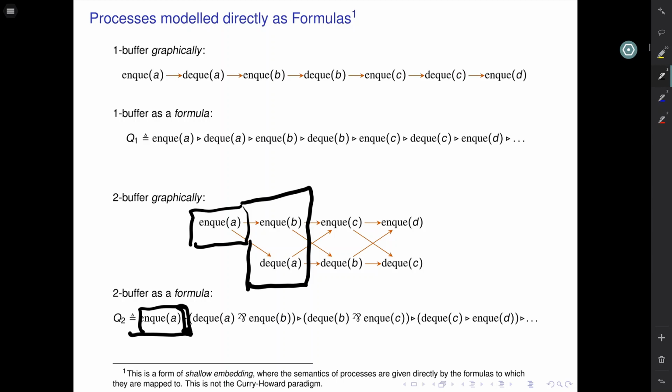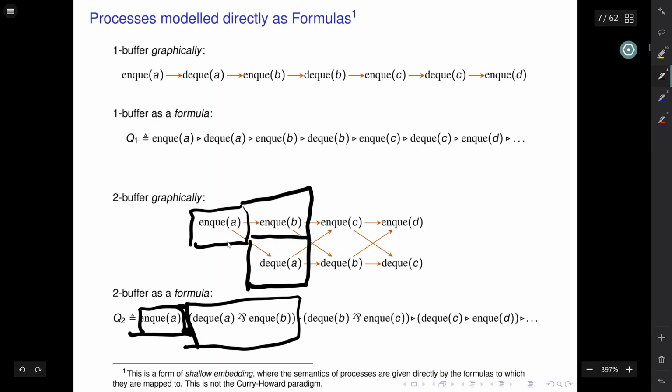And similarly, everything after these two enqueue and dequeue events is related in the same way. So we can actually break this down into another operator, and say these are two things in parallel. So we can decompose a 2Q using series and parallel operators, using binary operators.